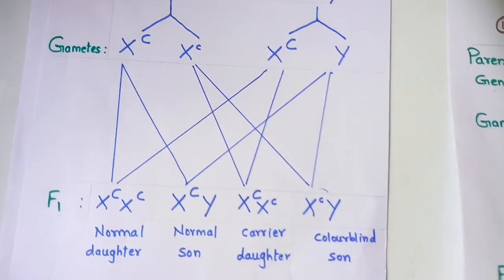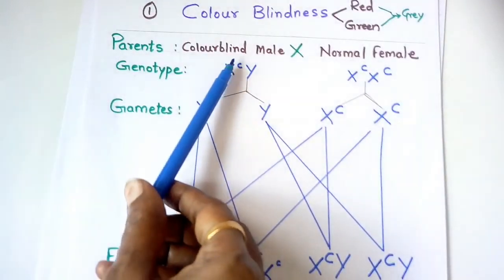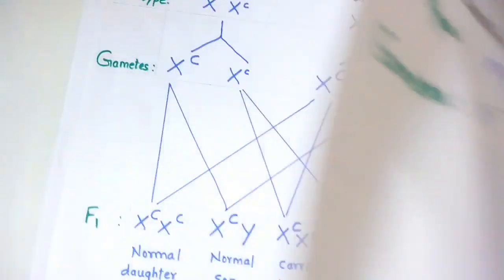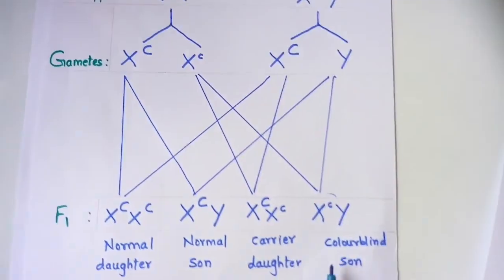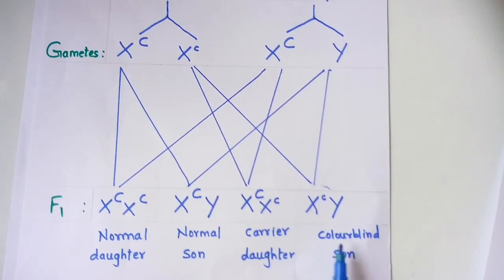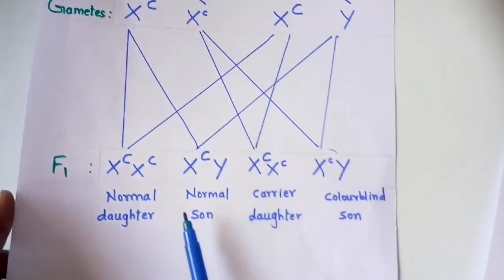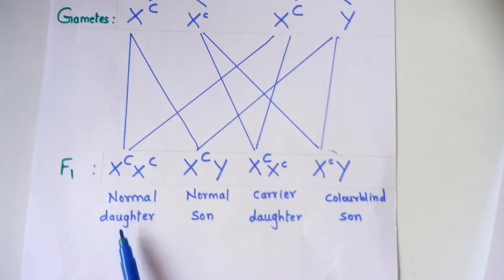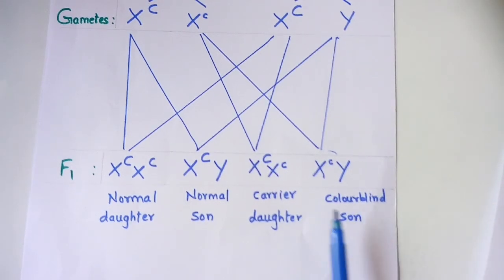So from this cross, one thing is clear: the genes from father are transmitted to the daughter, who becomes a carrier, and when she is married to a normal person, it is transmitted to the carrier daughter's son, due to which the son becomes colorblind. So 4 offsprings are produced, in which one is a normal daughter, one is a normal son, one is a carrier daughter and one is a colorblind son.